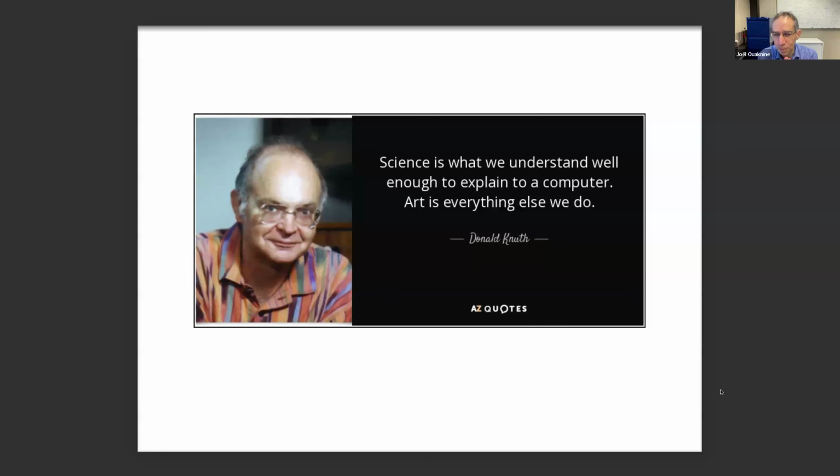So let me start by quoting Don Knuth, who is talking about art versus science, and he says, well, science is what we understand well enough to explain to a computer, and art is everything else we do.